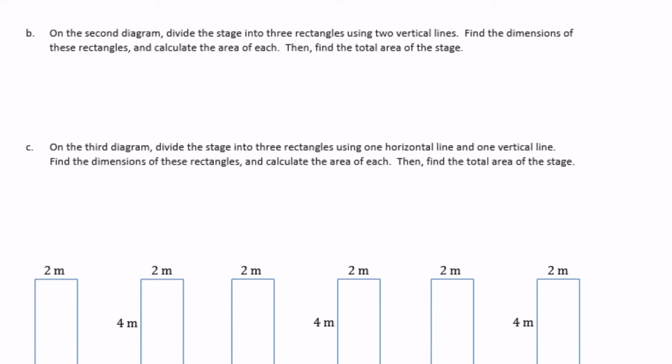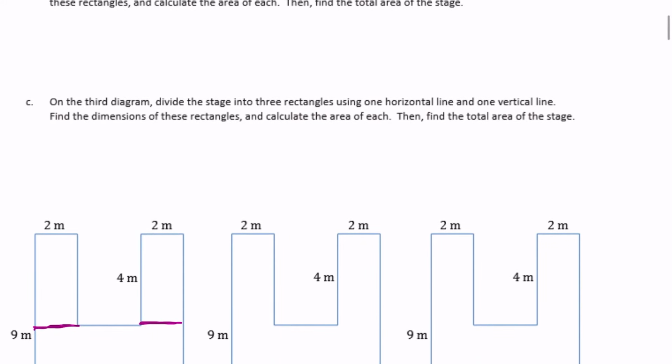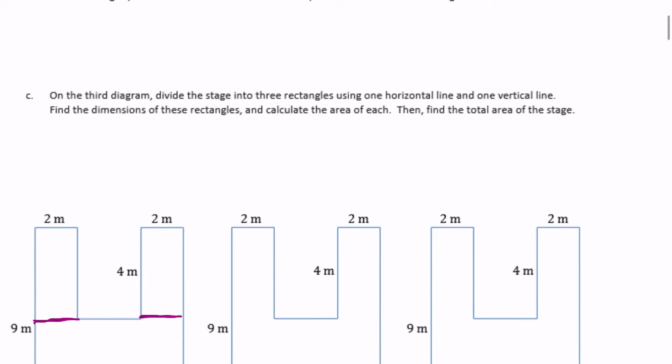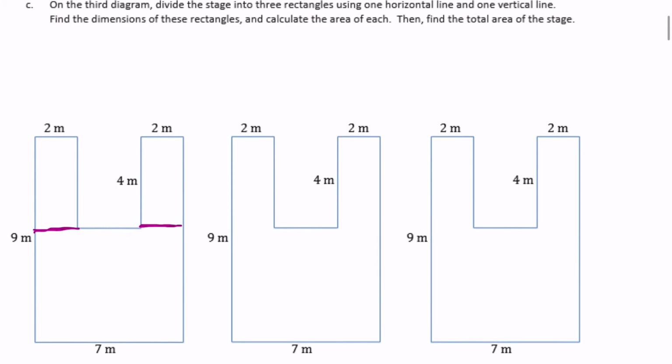Okay, so B says on the second diagram, divide the stage into 3 rectangles using 2 vertical lines. So now we're going to use vertical lines. We get 2 of them. So it looks like I'm going to have to do it like this. So now let's find the area of that.